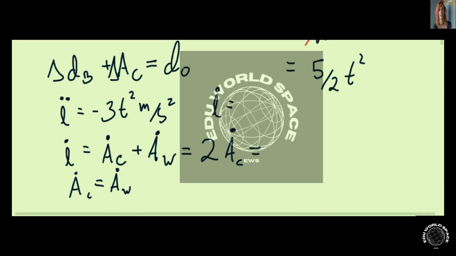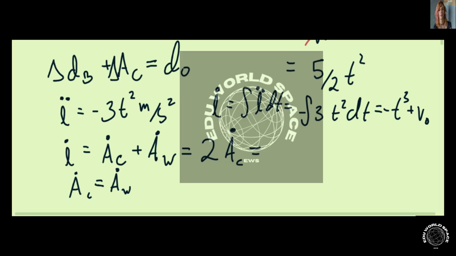L dot is just going to be the integral of L double dot with respect to time, which if we take the integral of minus 3t squared with respect to time, is just going to be negative t cubed, plus some constant for the initial velocity. But we know that the system is initially at rest, so this is 0.